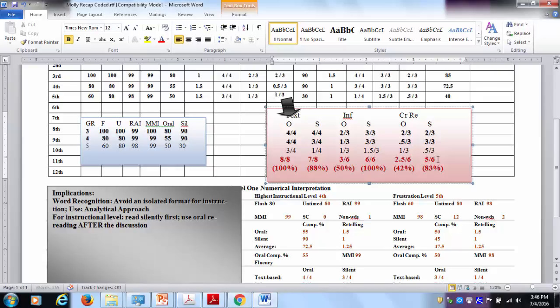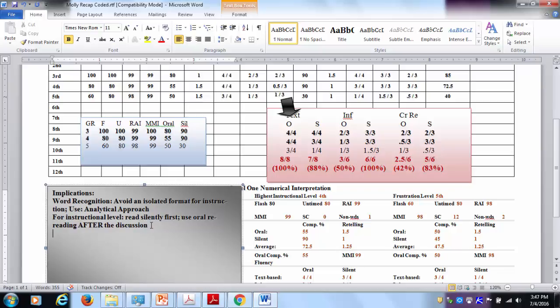Is that what happened here with this unbelievably uncharacteristic score of 55% on comprehension when it was followed by a 90% comprehension following oral? If that's the case, then we need to be sure that Molly is provided with texts that don't always interest her. That's the reality of life.